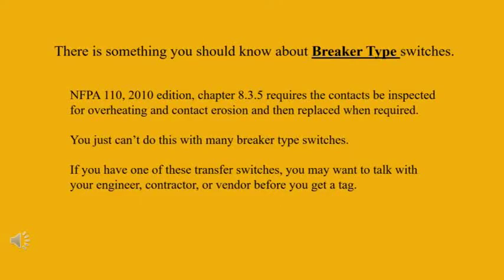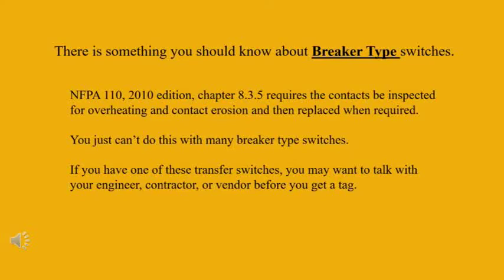There is something you should know about breaker type switches. NFPA 110, 2010 edition, Chapter 8.3.5 requires the contacts be inspected for overheating and contact erosion and then replaced when required. You just can't do this with many breaker type switches.